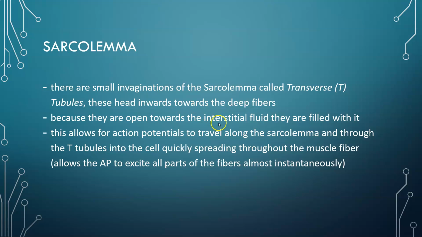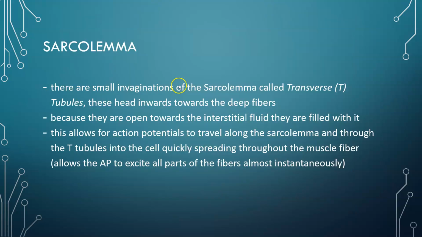Within the sarcolemma, this cell membrane, you have small invaginations. So think of small pitted holes within the sarcolemma. These small invaginations are known as transverse tubules, and these small holes in the membrane head deep into and around the deep fibers.